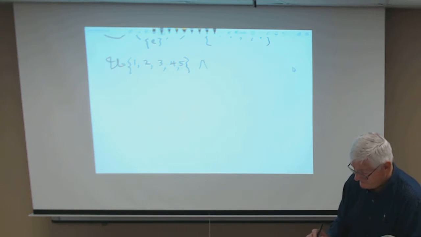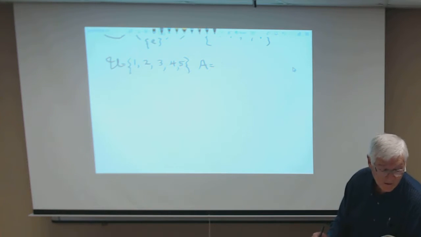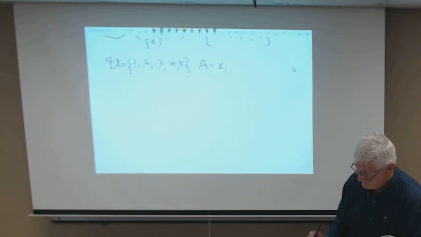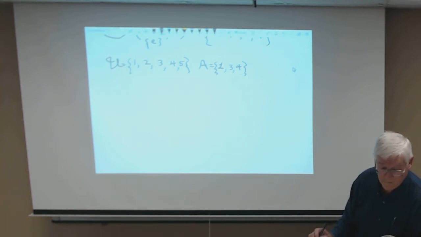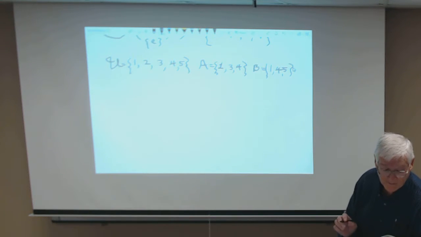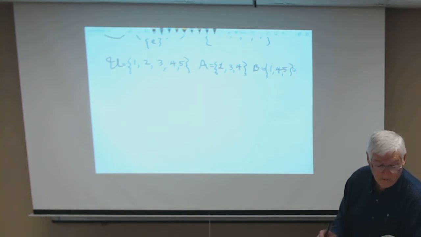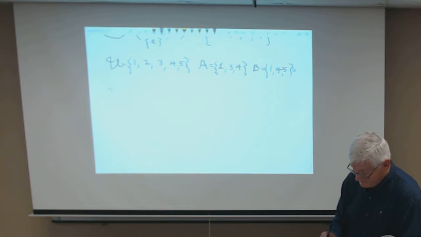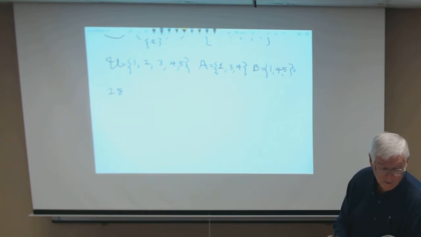A is 2, 3, 4. B is 1, 4, 5. Did I copy them down right? 28. 28A.